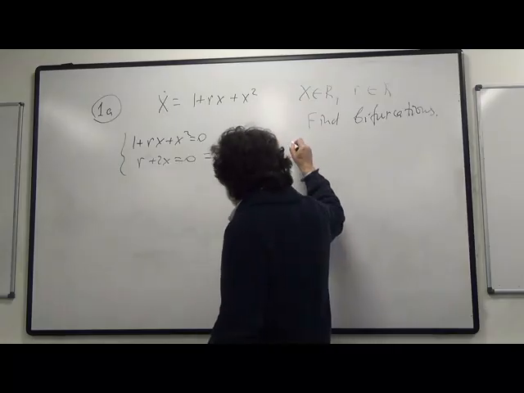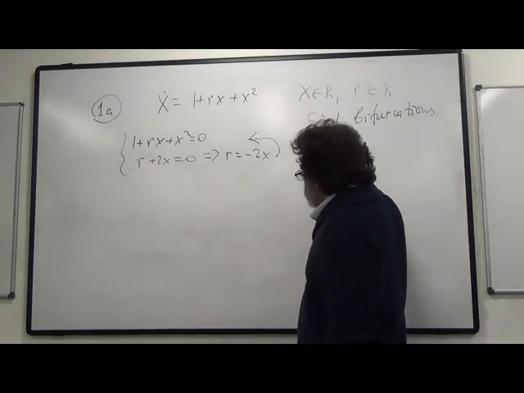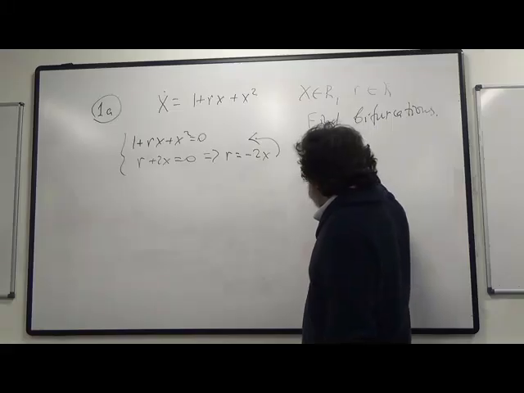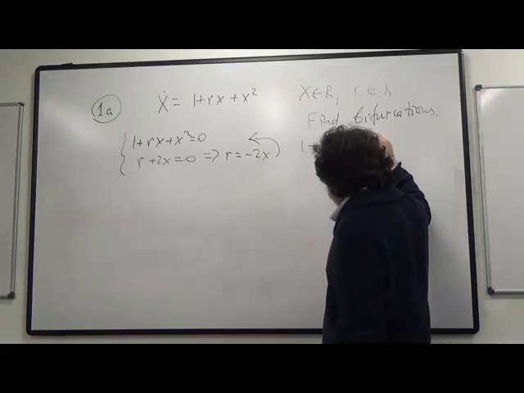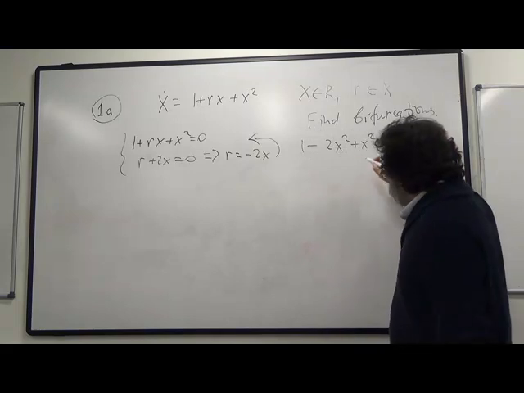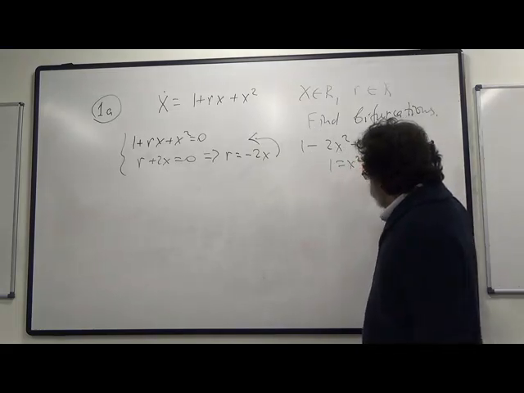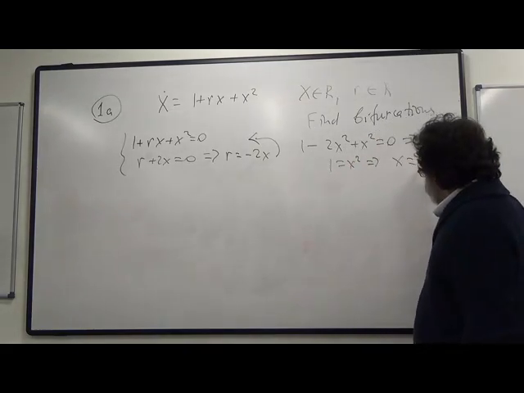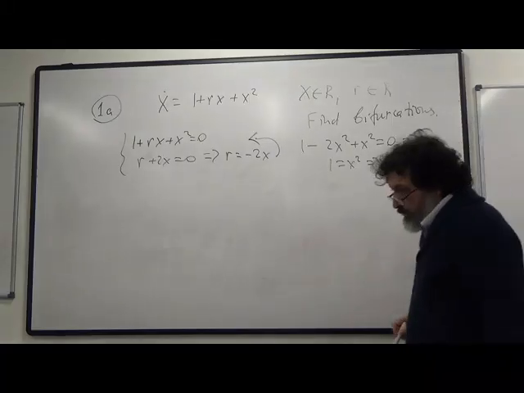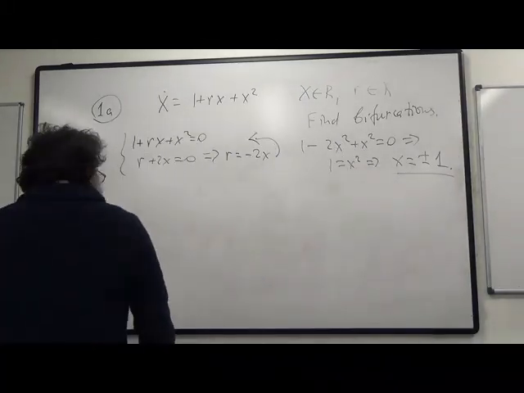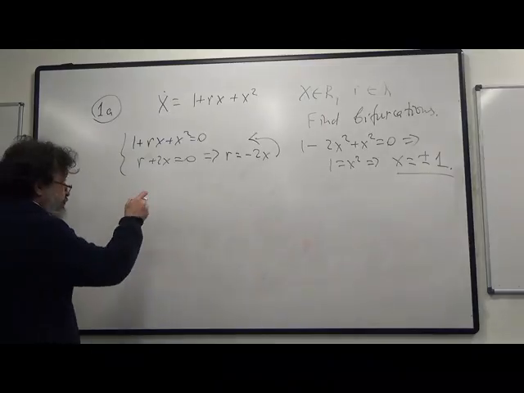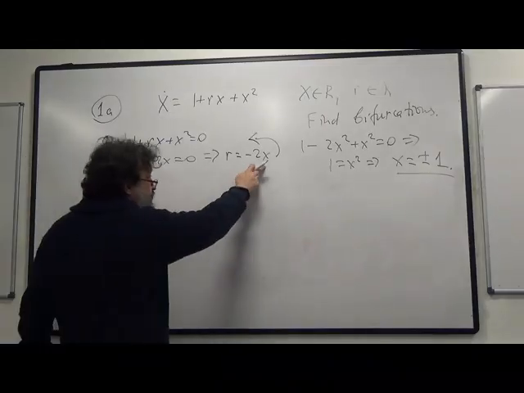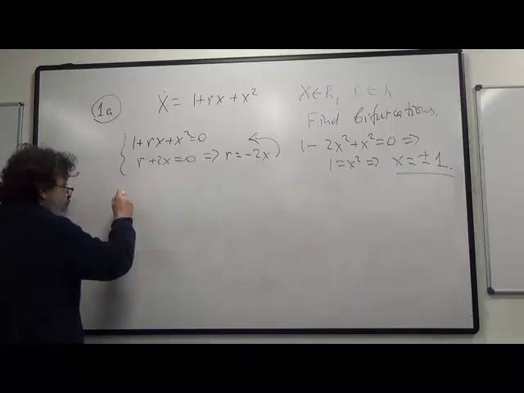We put it there, and we get 1 minus 2x squared plus x squared equals 0, which means that 1 equals x squared, which means that x equals plus minus 1.